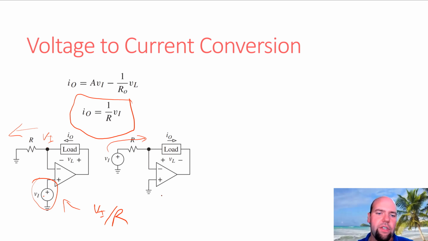This current flow here is VI over R, and the op amp needs to produce that to zero out the terminal. Fairly straightforward.